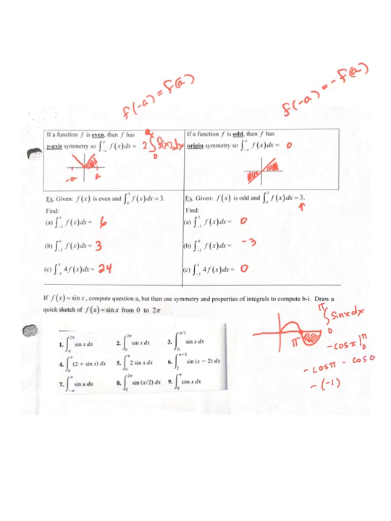Cosine of 0 is 1. I realized that I left out minus a negative here. Okay, I knew something was wrong. So this comes out to be 1 plus 1, which equals 2.